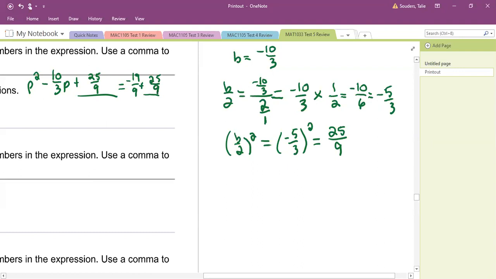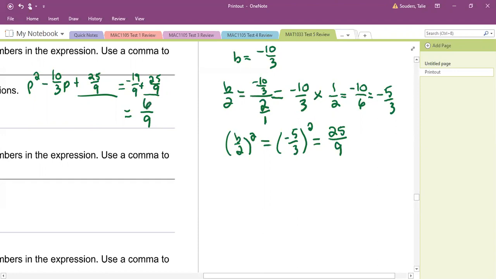Okay, on the right side, I like to start with the right side when it's easier. We can go ahead and add the negative 19 and 25 together, just knowing our denominator is still going to be 9. So what is negative 19 plus 25? It's not 44 because the 19 is negative, but the 25 is positive. 6 over 9.